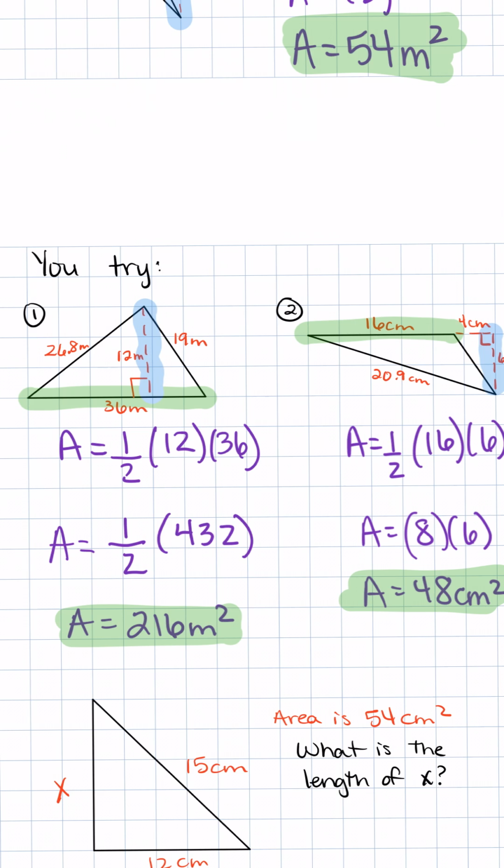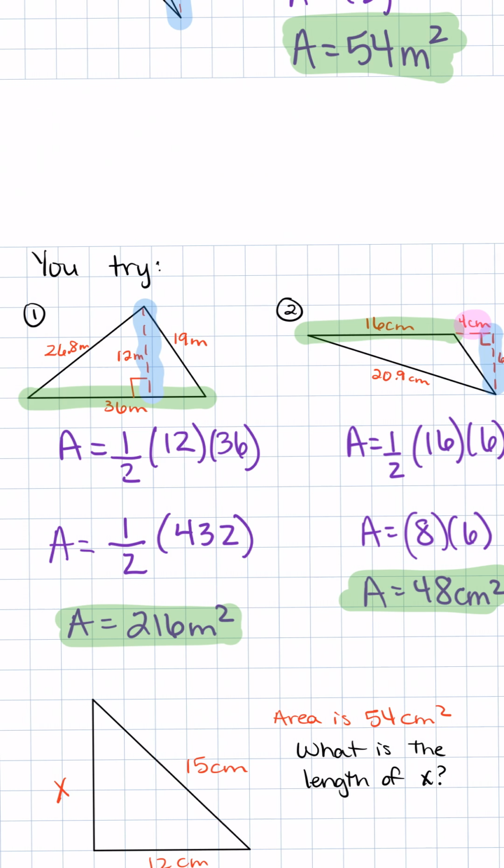Okay, so for the first one, you should have got 216 meters squared. The second one, I just want to point out, see how they gave you this 4 centimeters? That really was kind of tricky information. We did not need that. The length or the base is only the triangle itself, so it should be 16.